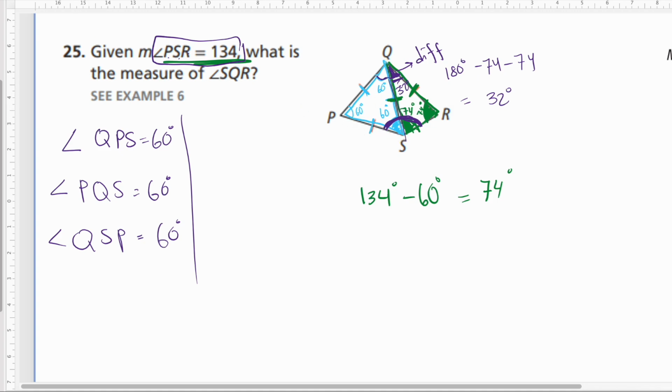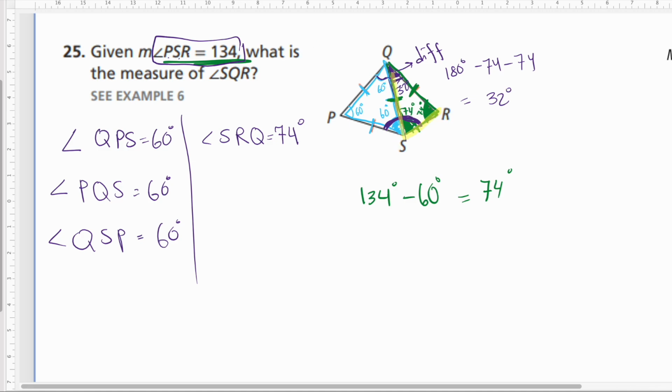Now then, what else do we have? We have angle SRQ, which is angle R. Angle SRQ is 74. I'm listing down all the angles to make sure you are able to clearly identify which one is what.